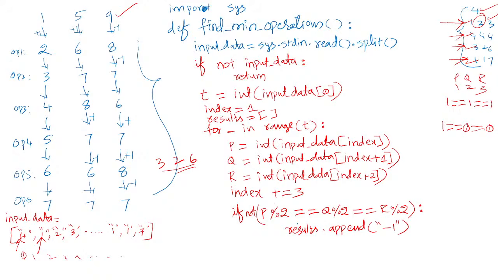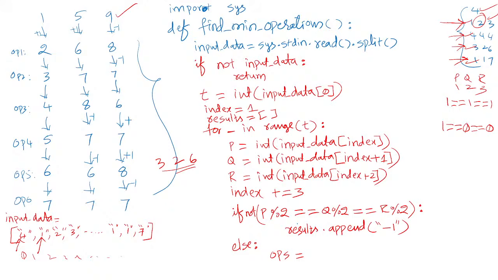Otherwise, now you can use the formula to calculate this. Else, that means if it is satisfying the parity check, then it comes to the else part here. In the else part, you can calculate the number of operations. The number of operations required is q minus p, yes or no?